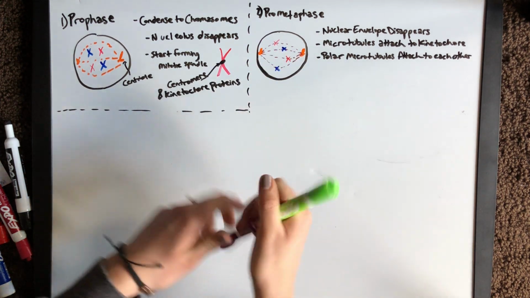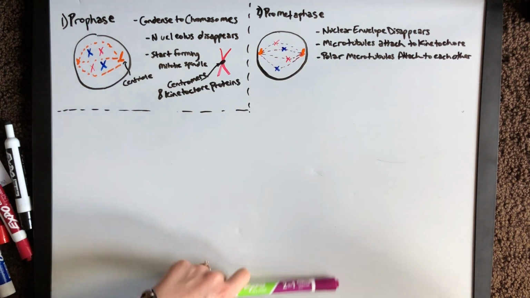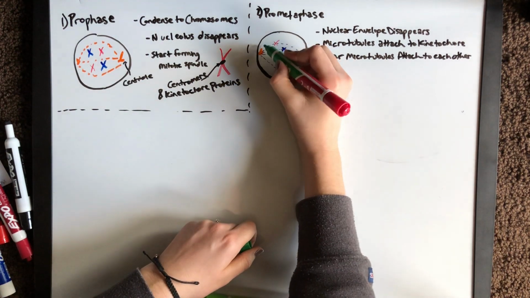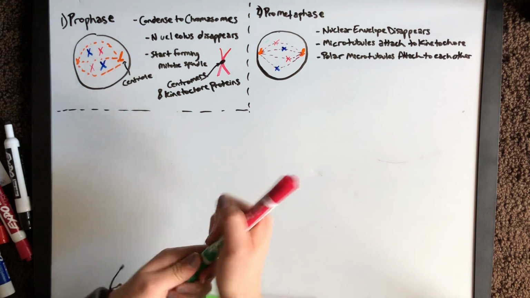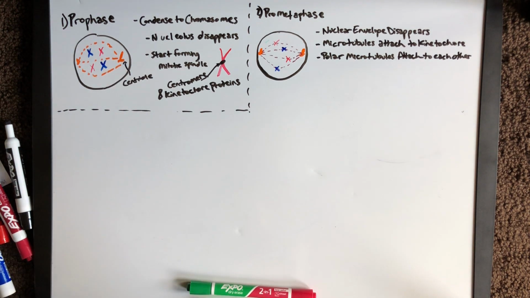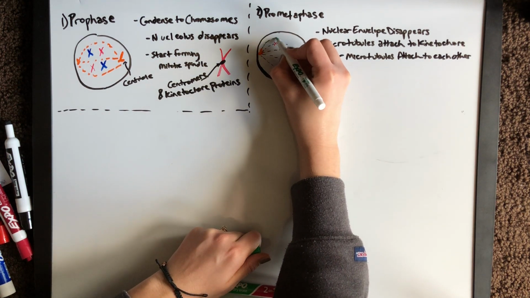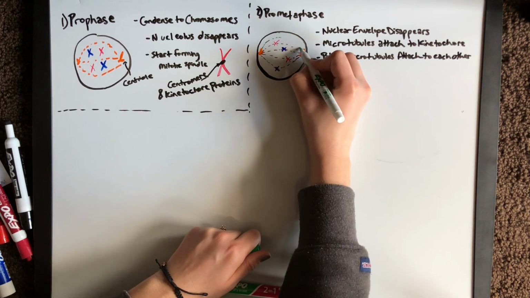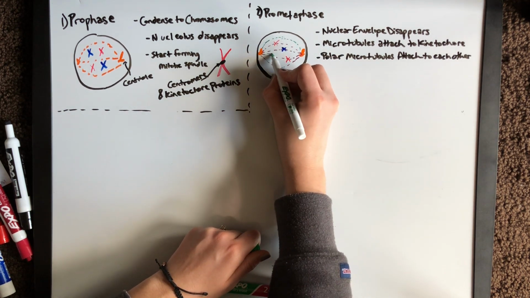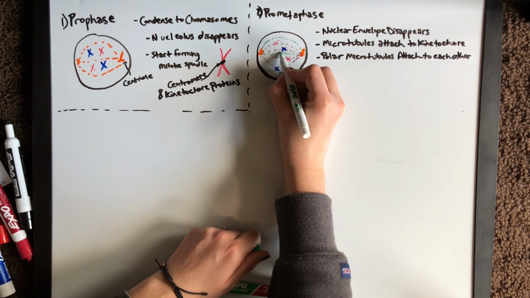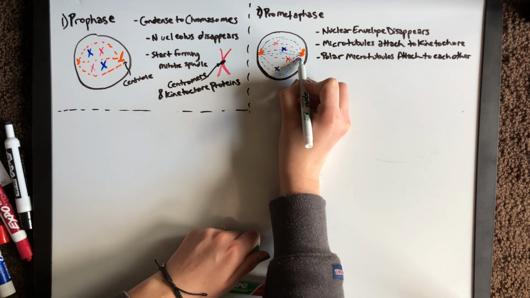And then we have, let's see if we can see this. Can't we have a dark green? There we go. Our polar microtubules are going to be dark green, and those are attached to each other, so just have them overlapping in the middle. That's the polar microtubules.